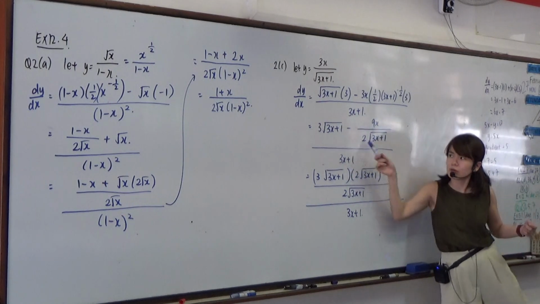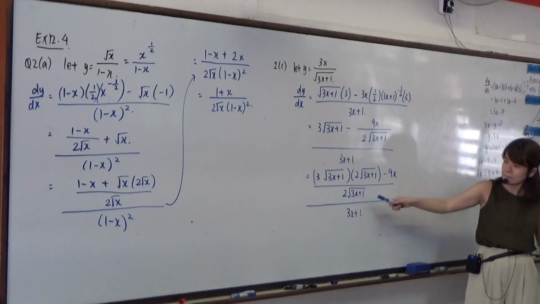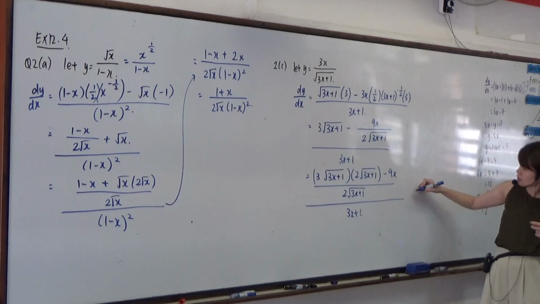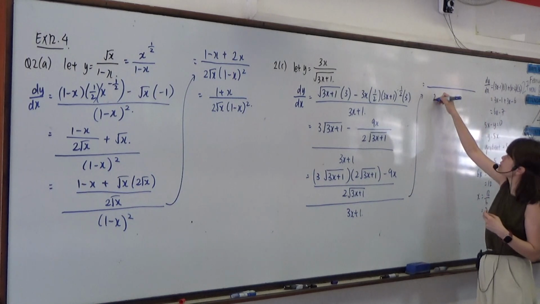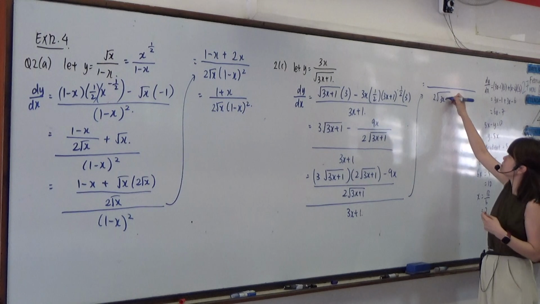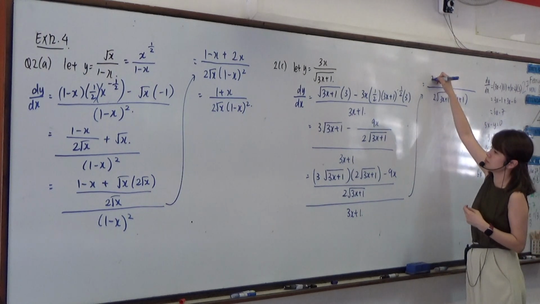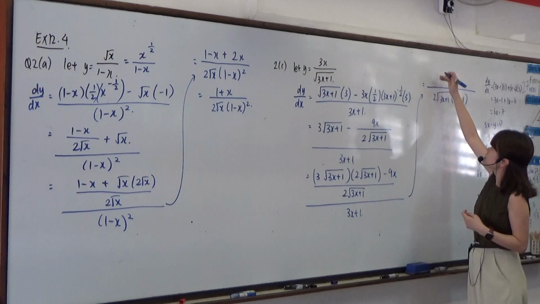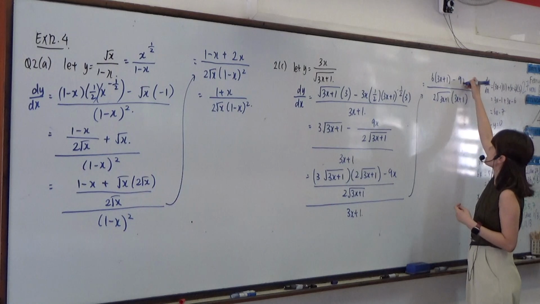Then we make the numerator share the same denominator first of 2 square root 3x plus 1. Then after that, we can combine the denominators together, such that we get 6 bracket 3x plus 1 minus 9x.